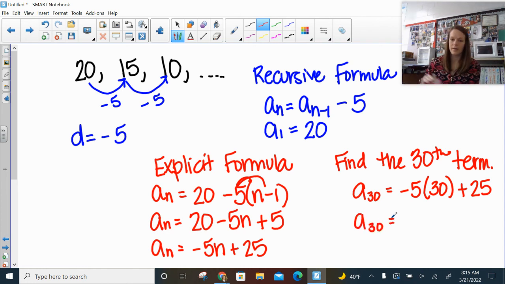I got my calculator. So -5 times 30 is -150, plus 25 is -125. So that's how you would use both formulas again, with one subtracting difference and one adding difference.